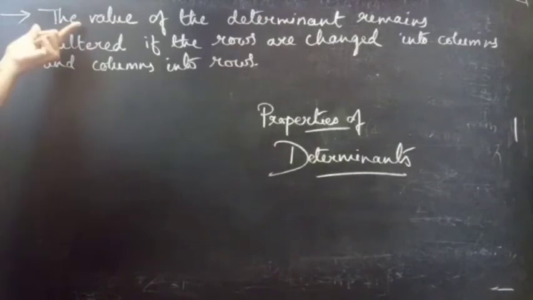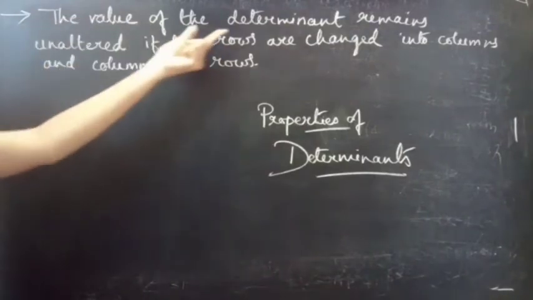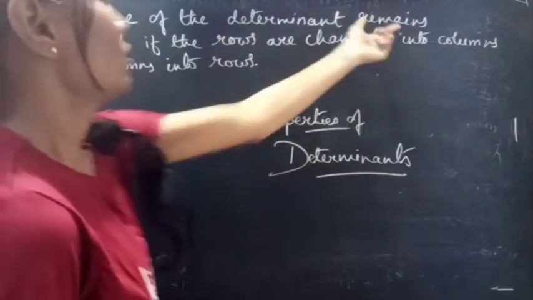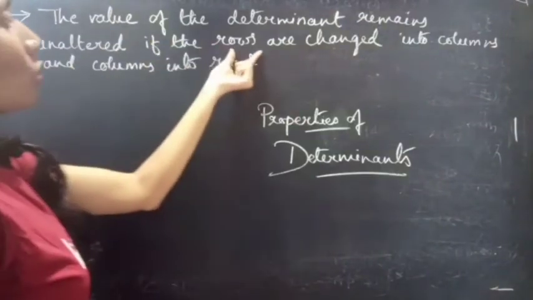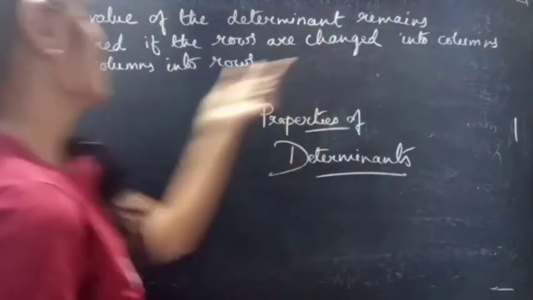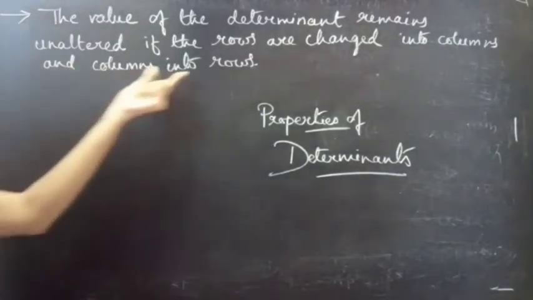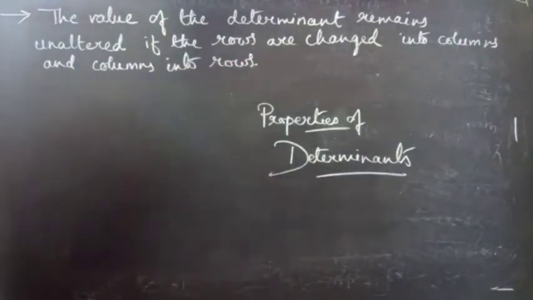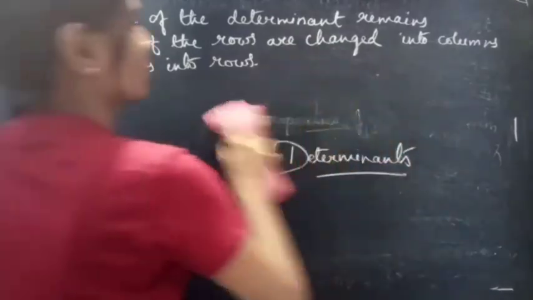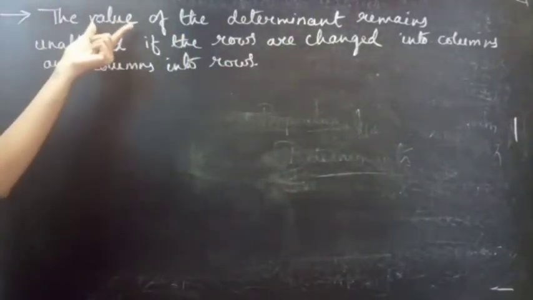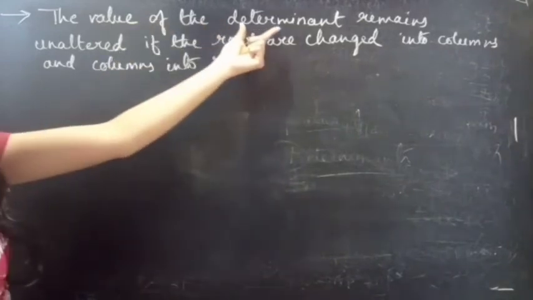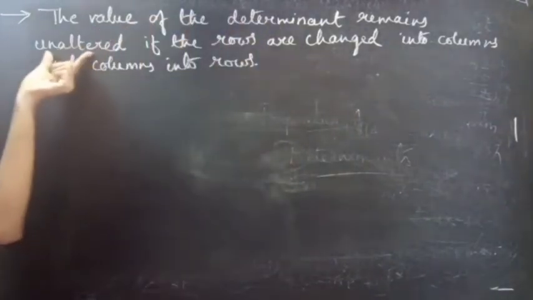Statement: The value of the determinant remains unaltered if the rows are changed into columns and columns into rows. I repeat, the value of the determinant remains unaltered.